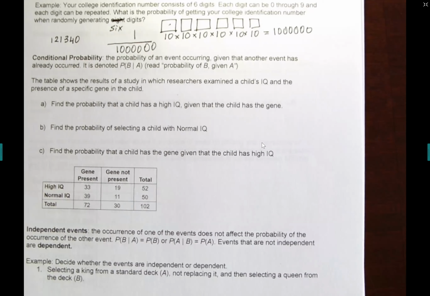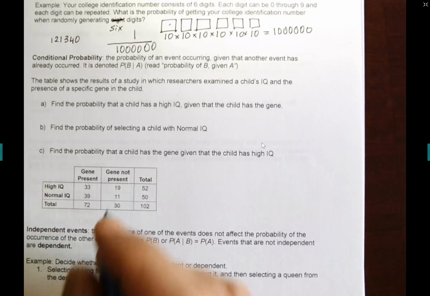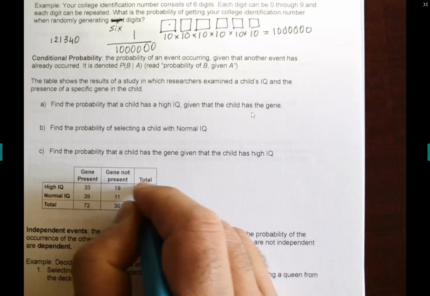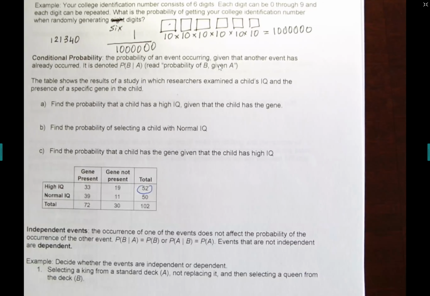First of all, guys, I'm gonna just start circling numbers and ask you to tell me if you know how to interpret what this number is about. What does 52 mean in the table? Look at it. You need to know it before you answer any question. That's the total high IQ, exactly.